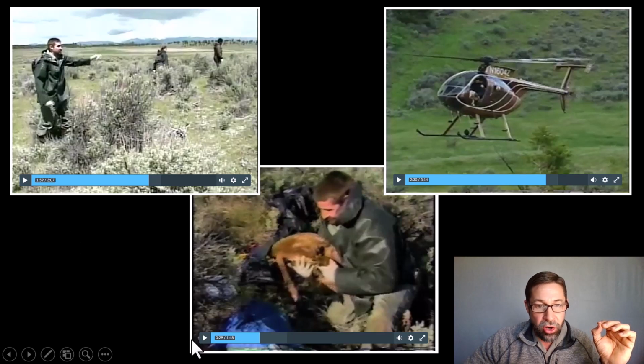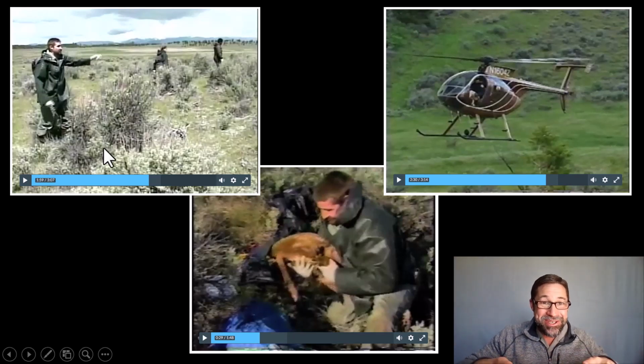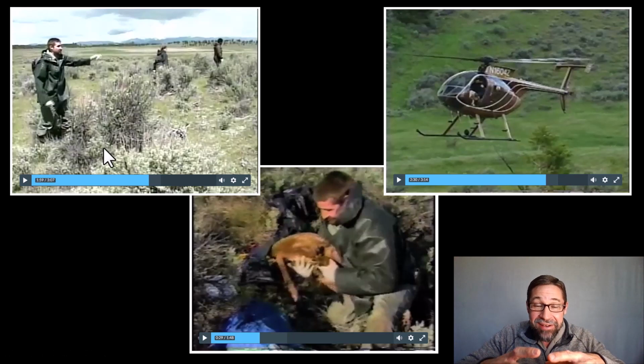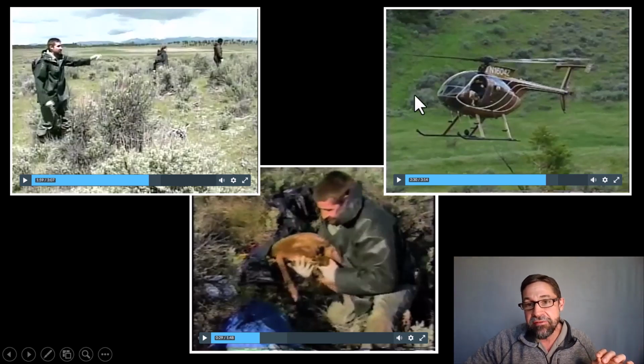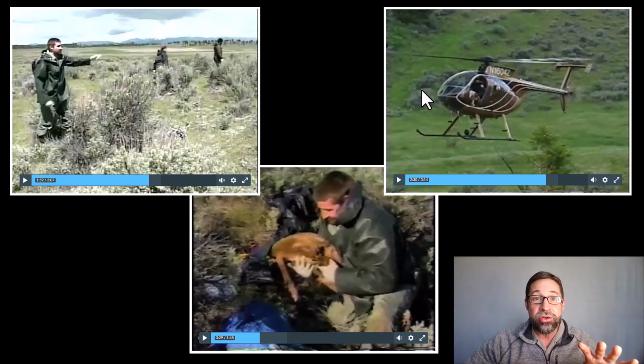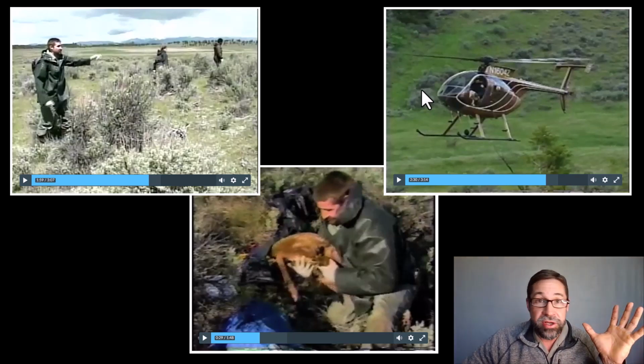They're not very long, but it's going to show you how our ground crews beat the sagebrush bushes looking for newborn calves that were stashed under the sagebrush, and how we captured elk on the ground, how we processed them, what things we measured on the calves, and then finally there's some really exciting footage that shows our use of the helicopter on our newborn calf capture.